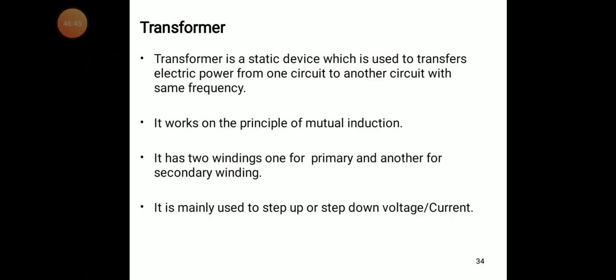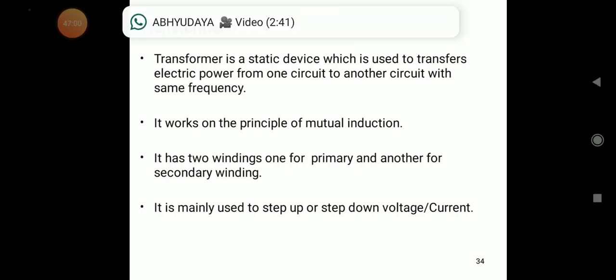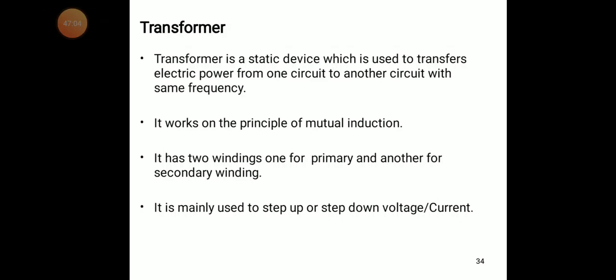After that we discussed the different types of cores used in different frequency ranges, and the introduction of the transformer. In the next class we will discuss the transformer in detail.